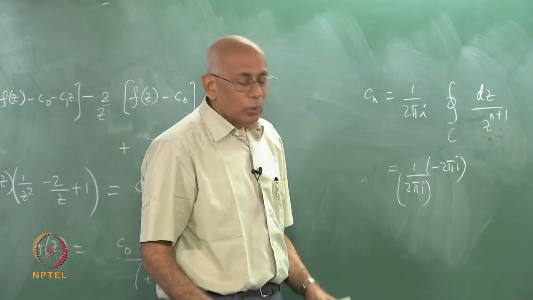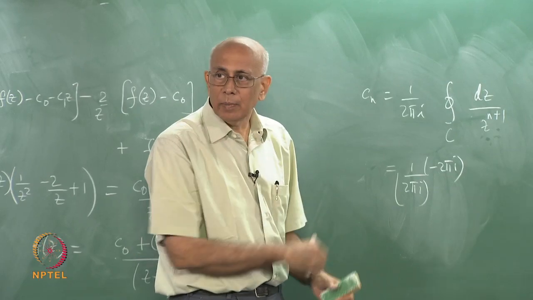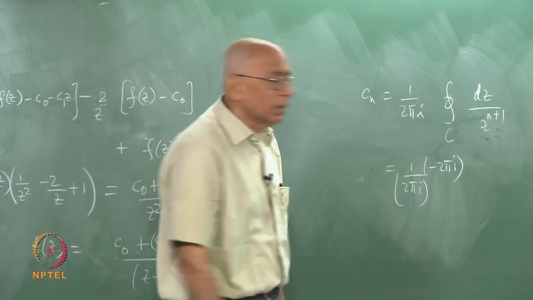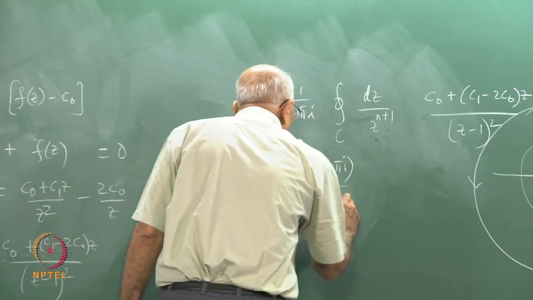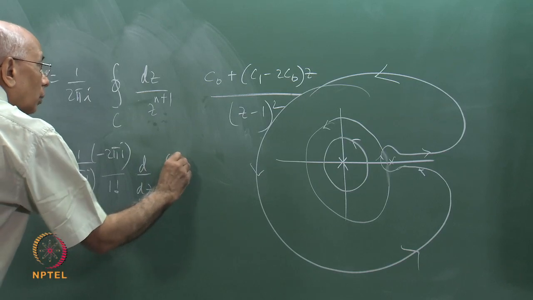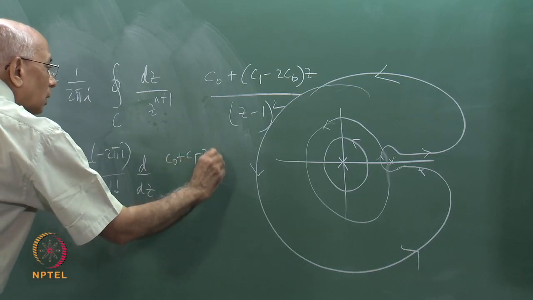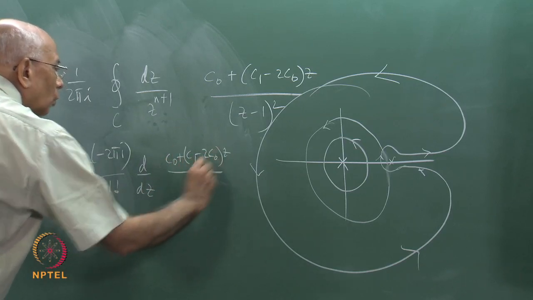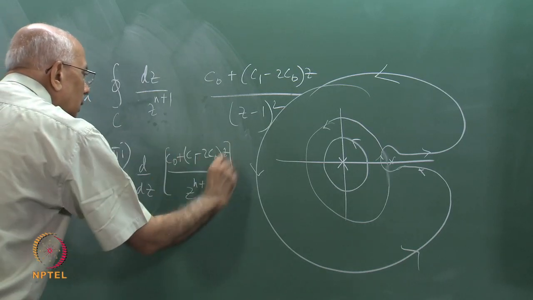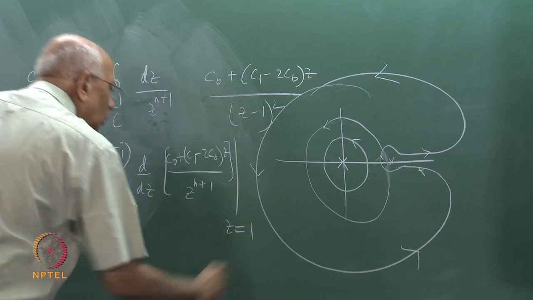But then it means you must take this function, multiply by (z minus 1) whole squared and differentiate once, because it is a double pole. So it is 1 factorial times d over dz of (c naught plus c1 minus 2 c naught z) over z to the power n plus 1, evaluated at z equal to 1.